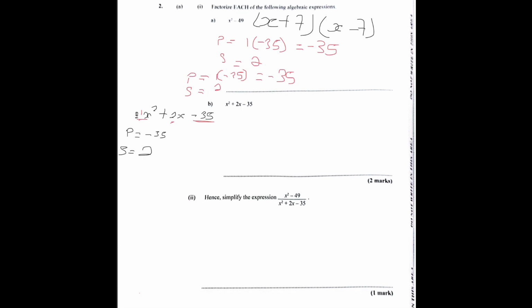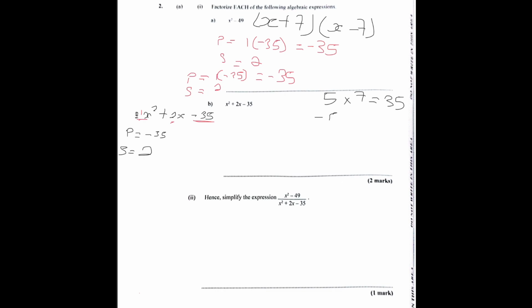Now that we know how we found the sum and the product, we need to find two numbers that when multiplied will give us negative 35 and when added will give us positive 2. We know that 5 multiplied by 7 gives us 35, so let's put a negative in front of the 5.